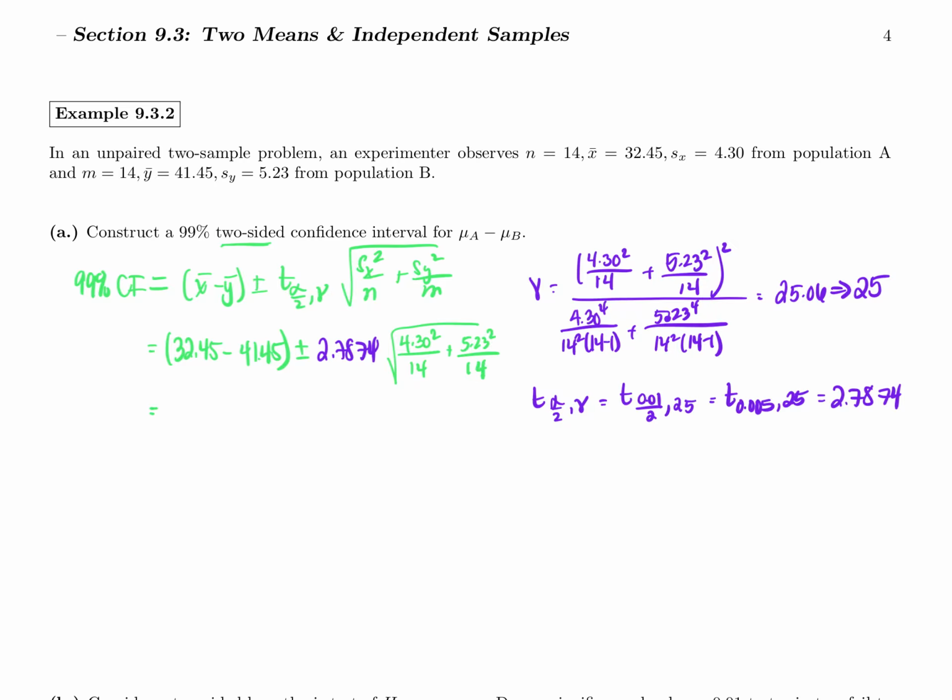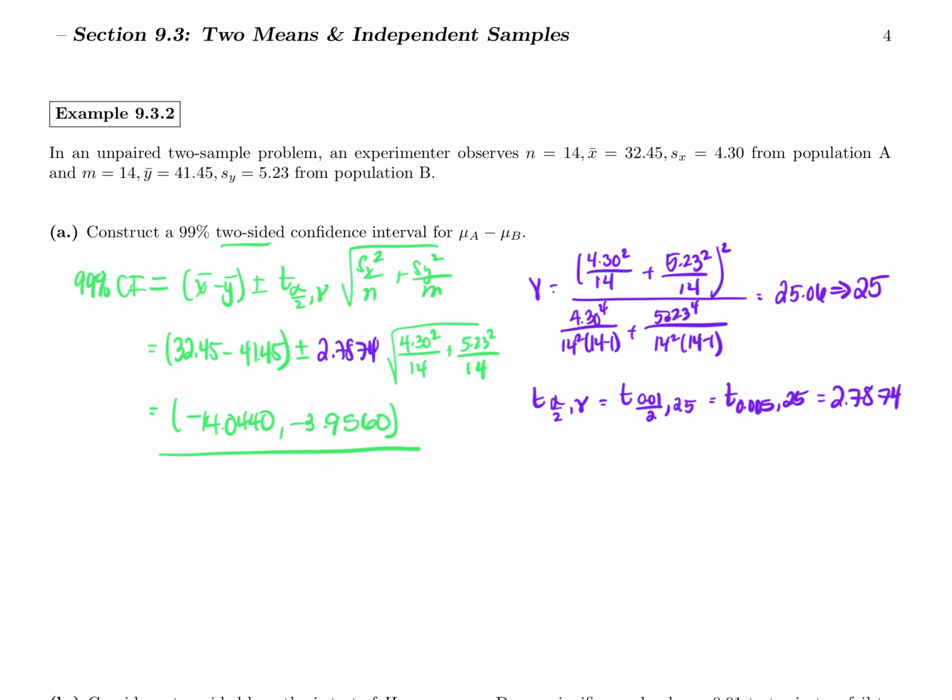When we put all of this work together, we find that our 99% confidence interval is negative 14.0440 up to negative 3.9560. And there's our 99% confidence interval.